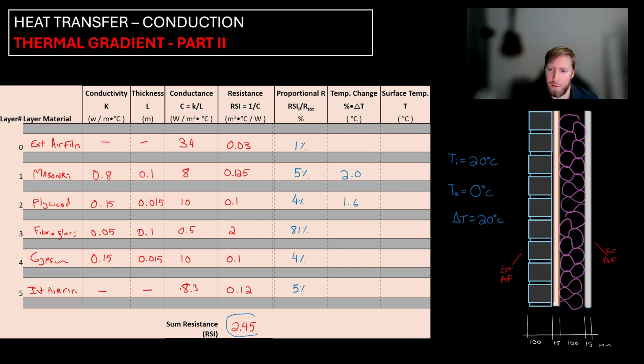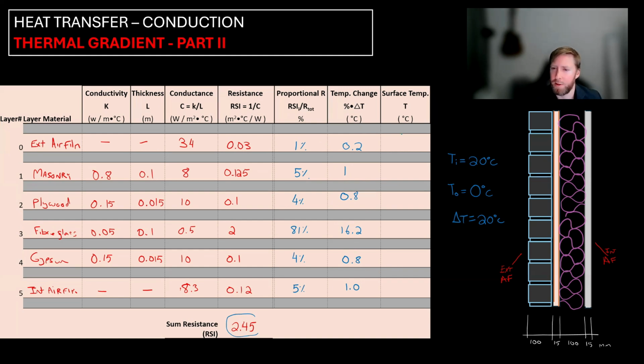Okay, start again. This makes sense. 0.2, 1.0, 0.8, 16.2, 0.8, and 1.0. Okay, so each layer is going to result in a temperature change of this amount.